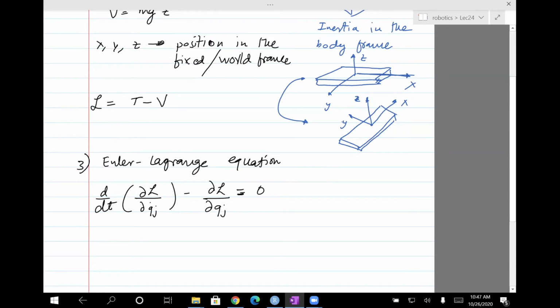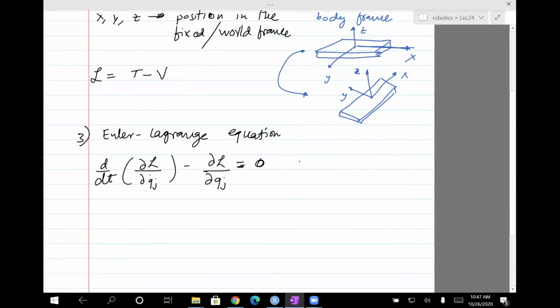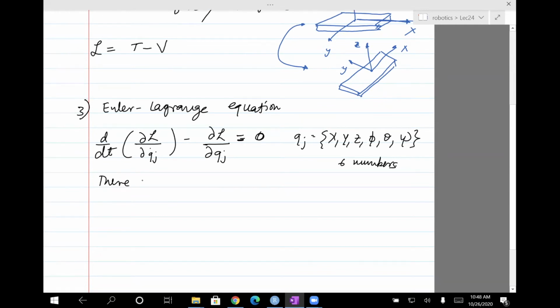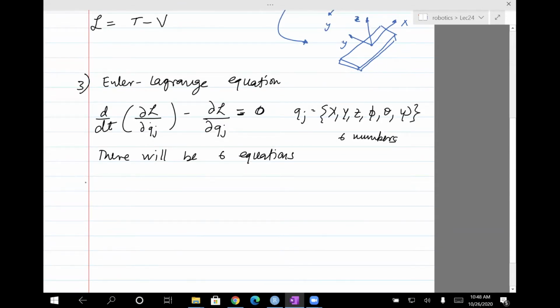In this case, since there are no forces, the right hand side is 0, where qj are all the state variables: x, y, z, phi, theta, and psi. So 6 of them, and there will be 6 equations.